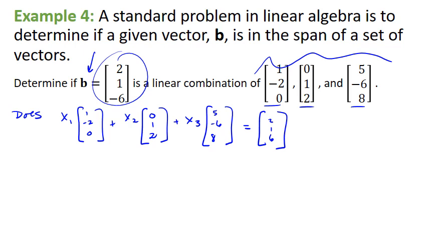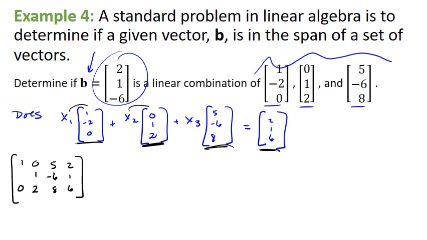Okay, so what we'll do is set up an augmented matrix, which just becomes these guys all together. And I showed you where that came from in the previous example. So I'm just going to skip distributing and writing that system of equations, and just jump straight to the augmented matrix.